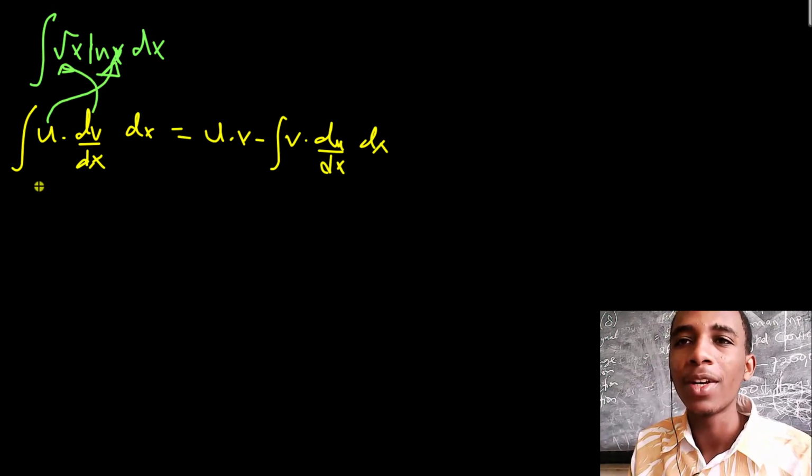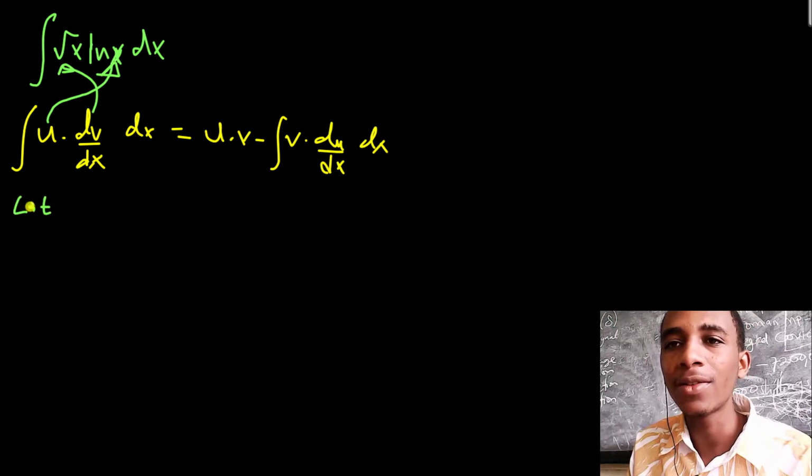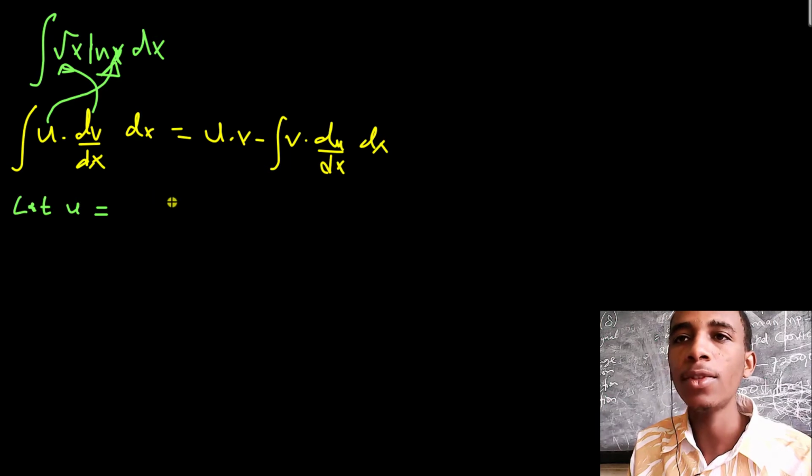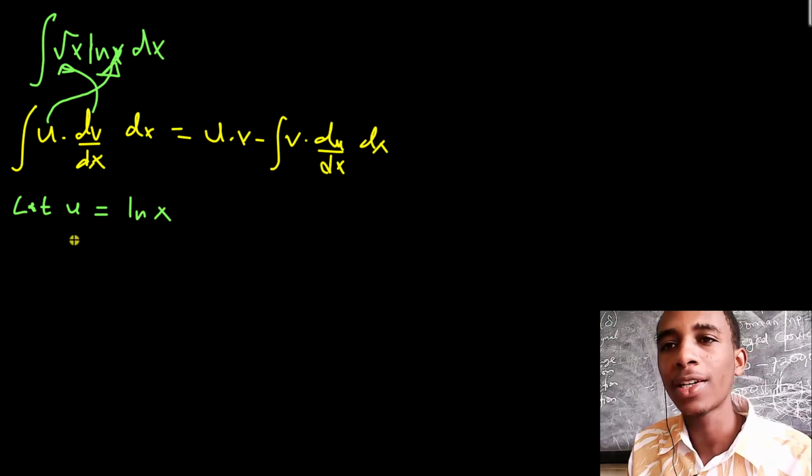All right. Now we've just said let u equal the log of x. That means the derivative of u with respect to x is going to be 1 over x.